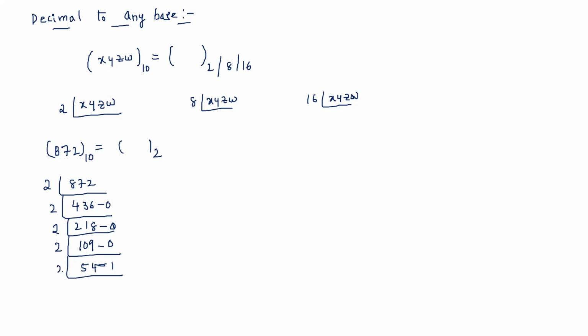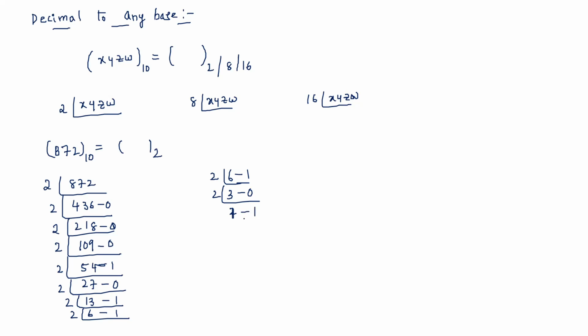Then 27, remainder is 0. Then 13, remainder is 1. Then 6, remainder is 1. Then 3, remainder is 0. And again 1, remainder is 1.